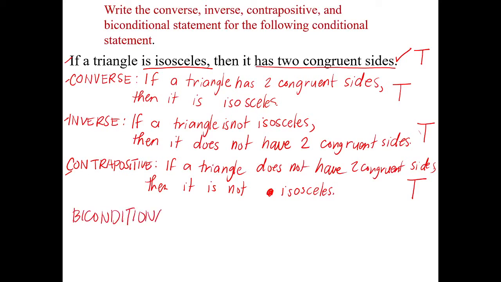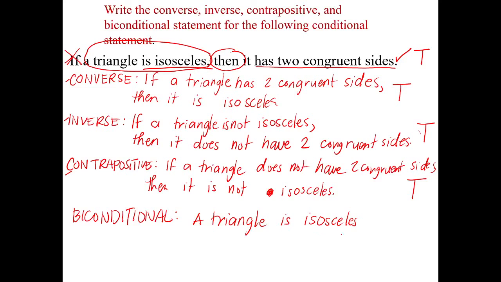Biconditional. A triangle is isosceles. Like this. I will write it here. I remove the if and the then, and replace them with if and only if. So I'm going to have: a triangle is isosceles if and only if it has two congruent sides.